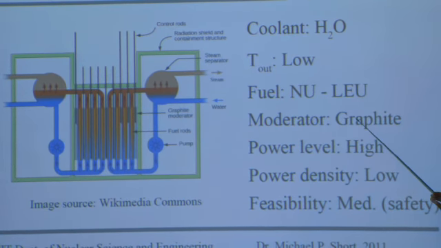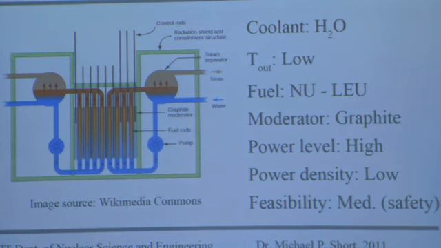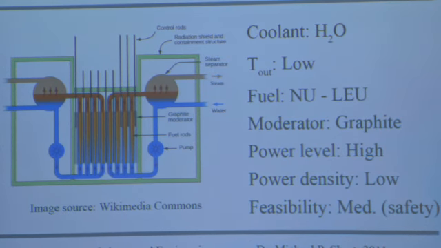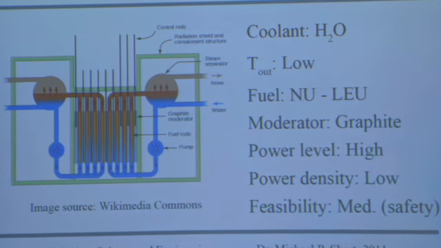It's graphite moderated. And what does the graphite moderator have to do with the RBMK and what happened in Chernobyl? Does anybody know? Caught fire. It certainly burned. But before that, how did it help initiate it? This design, as it was, has a positive reactivity coefficient.